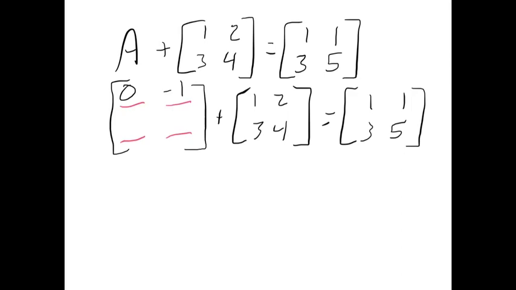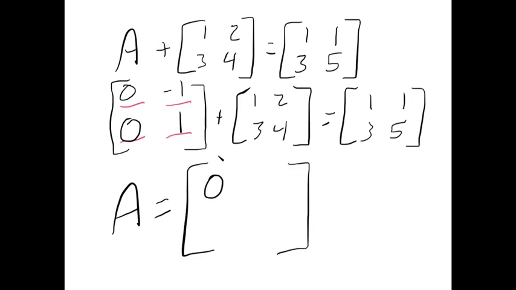How about negative 1? What plus 3 equals 3? That's 0. And of course, that would make this 1. So here we've got capital A, means that we're standing for an entire matrix. We know it's a 2 by 2, so it's the matrix 0, negative 1, 0, positive 1.